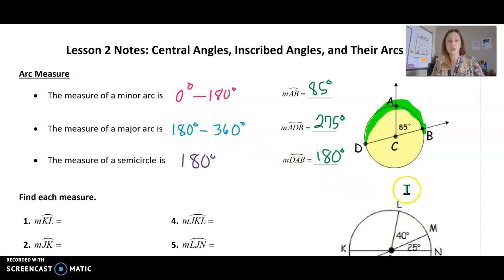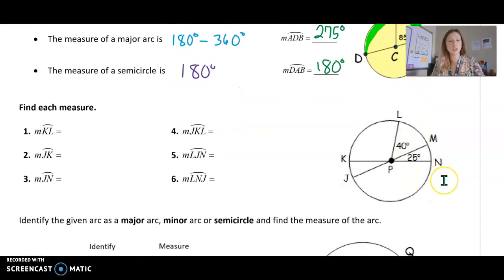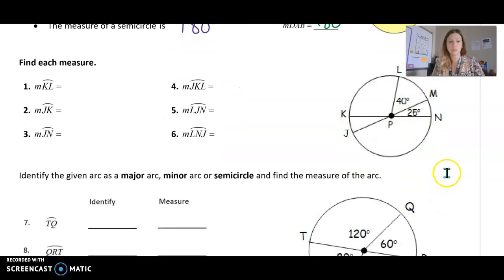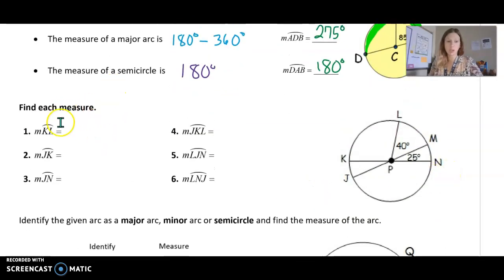So let's look here at a little bit of a puzzle. Some angles are given to us and some of them are not. Okay, so we're going to look at the M stands for measure. It's asking for the measure of arc KL. So if I want to find the measure of arc KL, then I need to know this angle right here. Now remember, half of a circle is 180. So I already know that this arc is 40 because this angle is 40.